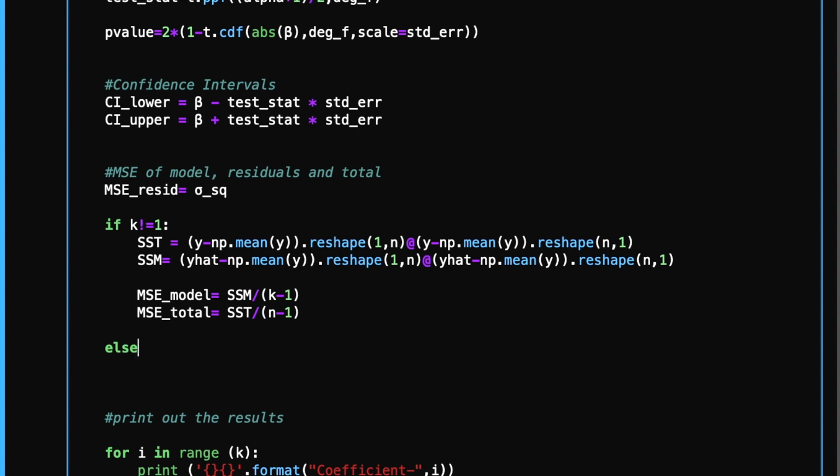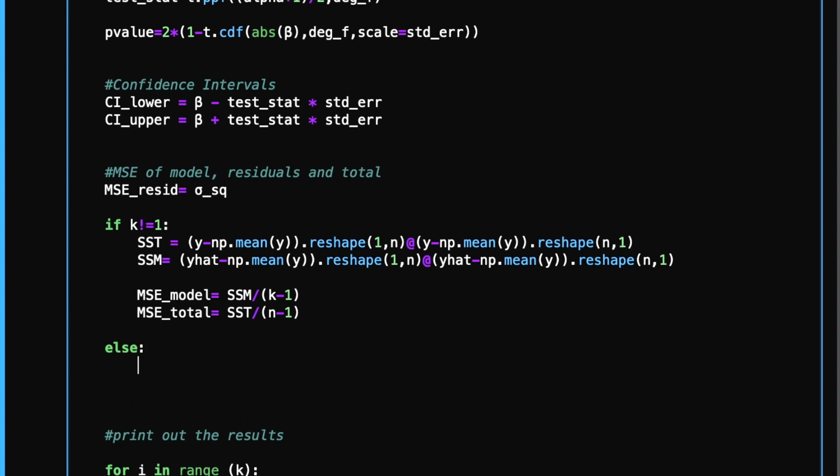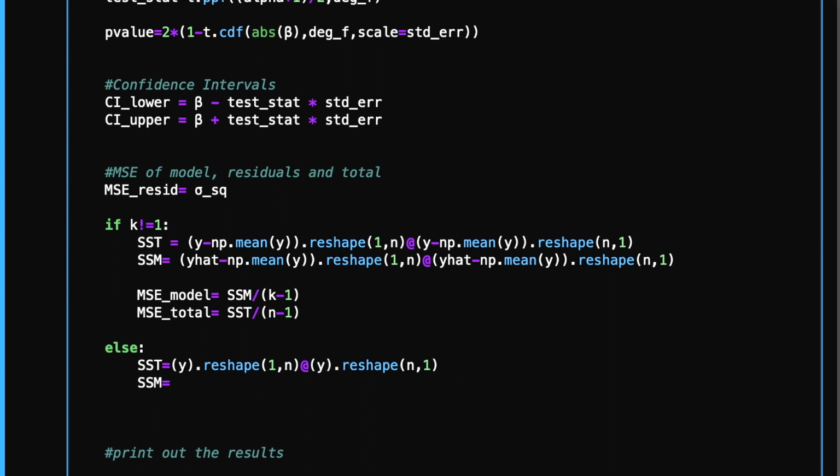But if we have one regressor, then SST is just going to be the summation of y square. So there's no subtraction of the mean from it. And then let's do the SSM. SSM is going to be similar as well.